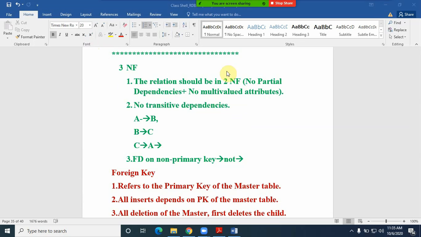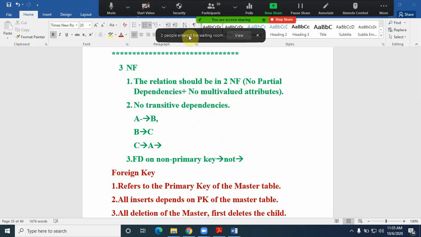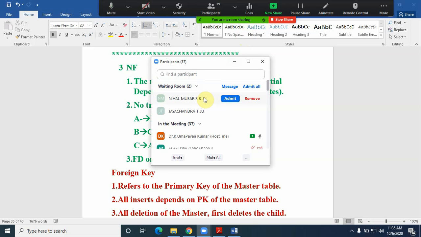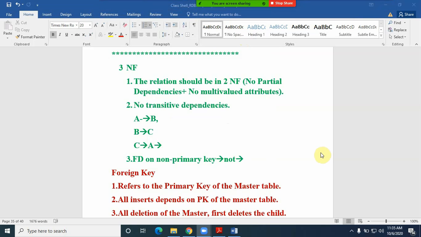The relation must be in the second normal form. One important thing related to the third normal form is we need to identify whether these attributes have any transitive dependency.